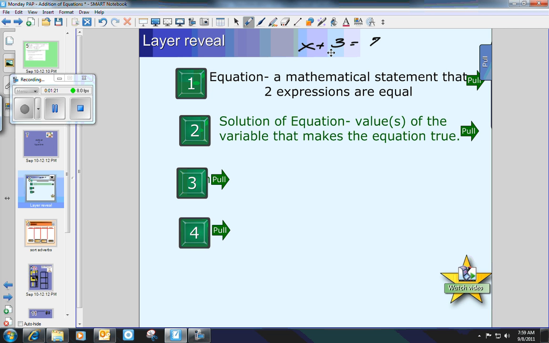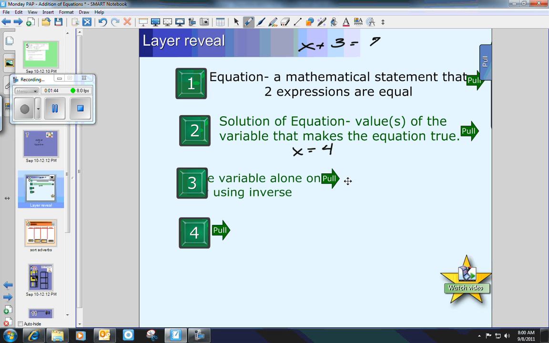So 3 is not the solution to this equation. The number that is the solution is 4. So the solution for this equation would be x equals 4. This is the solution. And you need the variable set equal to the value that makes the original equation true.